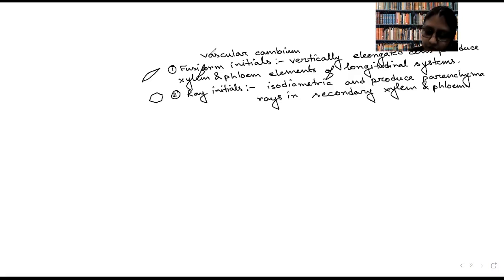They are responsible for formation of what? Very good. So one very important thing we need to understand about the vascular cambium. Once I teach this chapter to you now, then you go and study it.